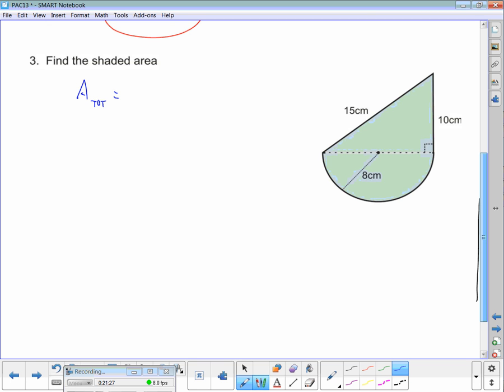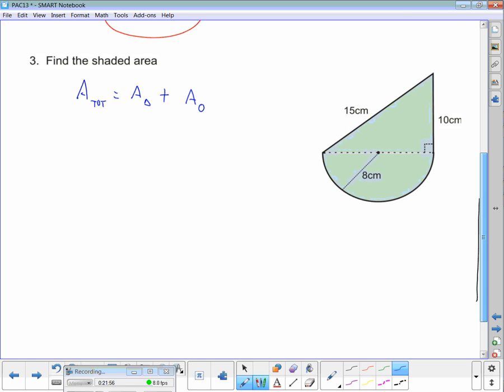Okay, let's do the triangle first. So area of a triangle, should I do a multiplication sign or plus sign next, class? Plus. You got to add them up, right? Now, be careful here. Don't do anything yet. This is what Ashton wants me to do. Is that going to give me the area of the shape?